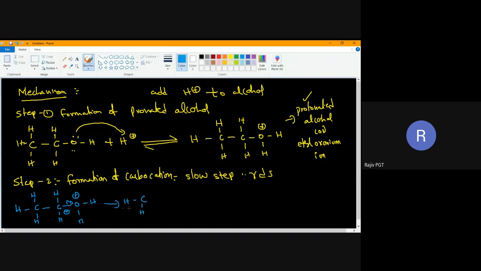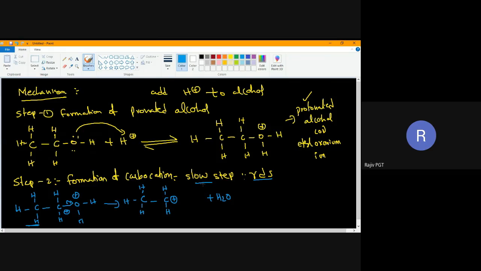There is no change in this other carbon atom. The positive charge is formed on the CH2. So the second step is called formation of carbocation. This is the slow step and the rate determining step. Can I proceed?